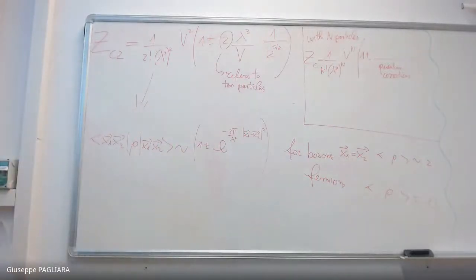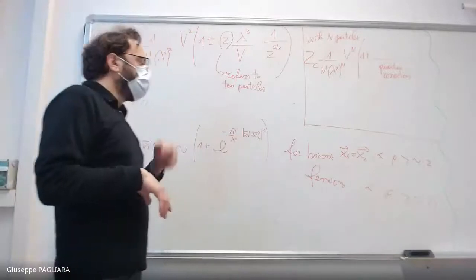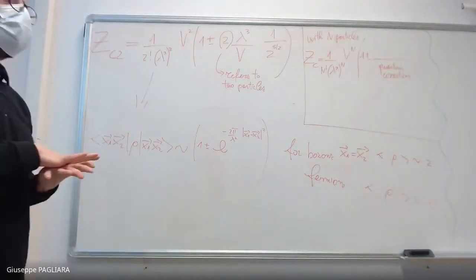So that encodes the fact that bosons like to be in the same states, and this is something that you know already. Also in coordinate space, they like to be in the same position, so there is an enhanced probability to find them in the same position.